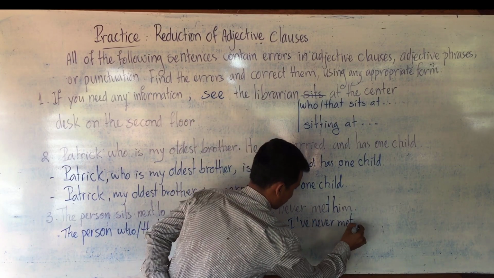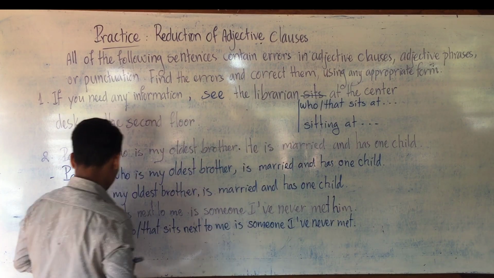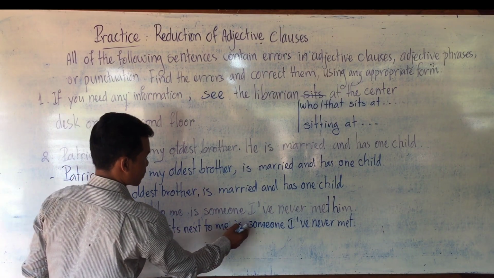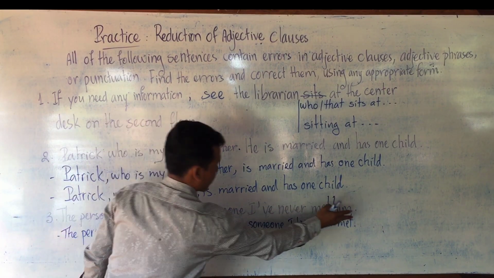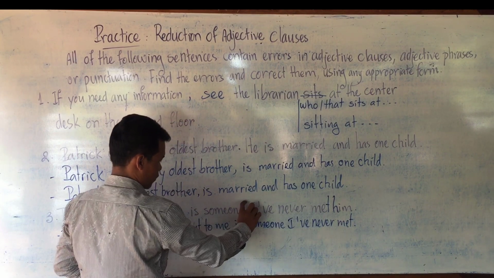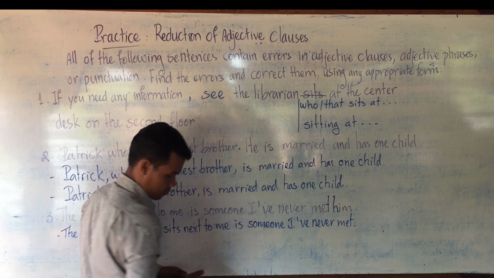I never met, know him. Him is deleted. Then we can write: the person who or that sit next to me is someone I've never met. Him is not needed anymore, because actually a relative pronoun here is omitted. Yeah. We can write like this.